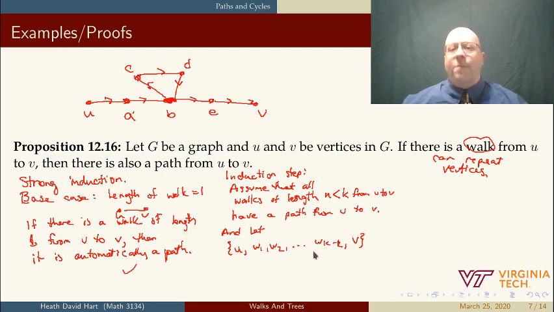That will be the right number of vertices to have a path of length K, be a walk of length K from U to V.